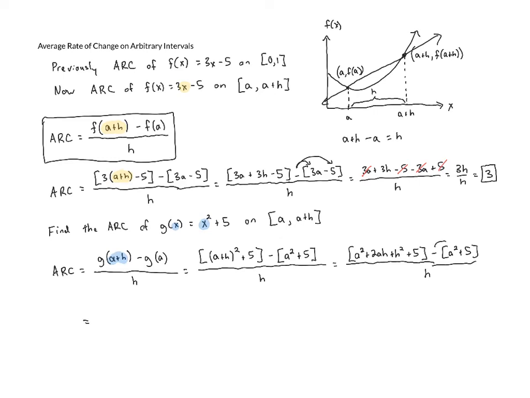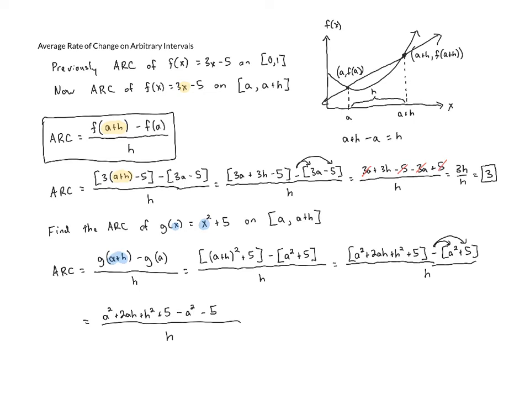Now, we need to distribute this subtraction when we're getting rid of the grouping symbols here. So we can keep all the terms from the first one just as they are, a squared plus 2ah plus h squared plus 5. And then we're subtracting a squared, and we're also going to have a minus 5 because we distribute that subtraction, all over h.